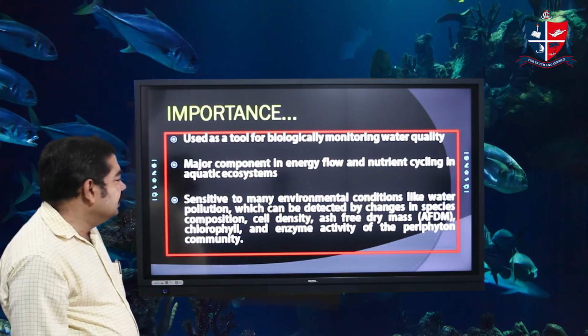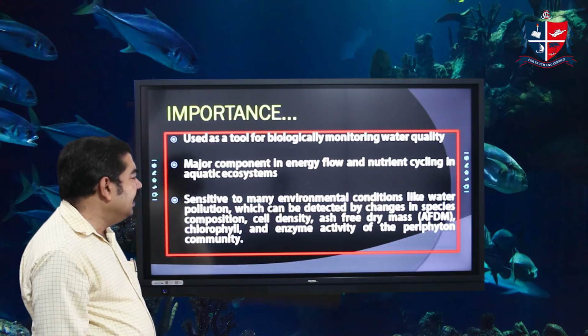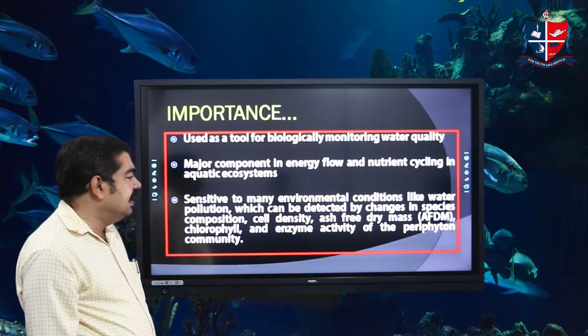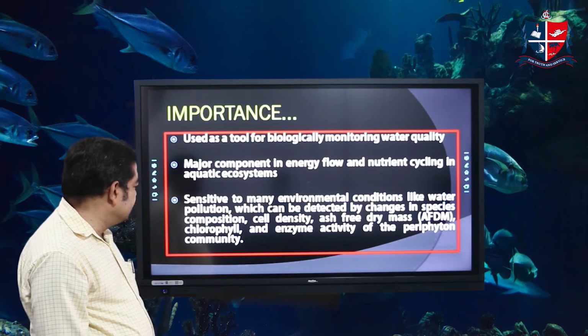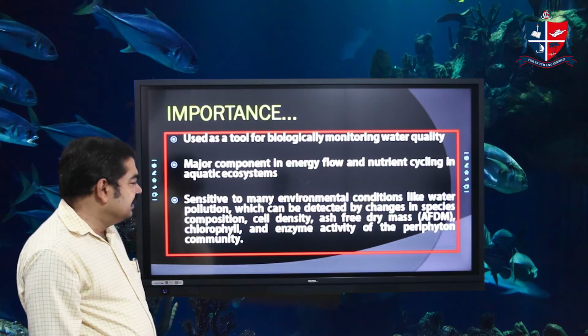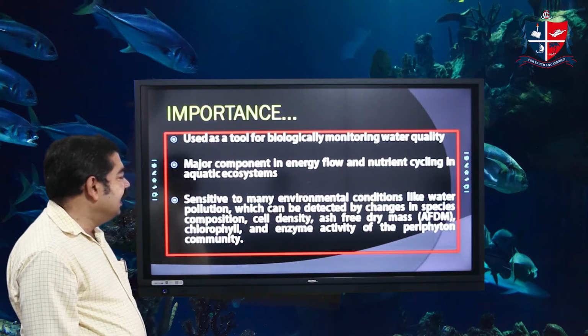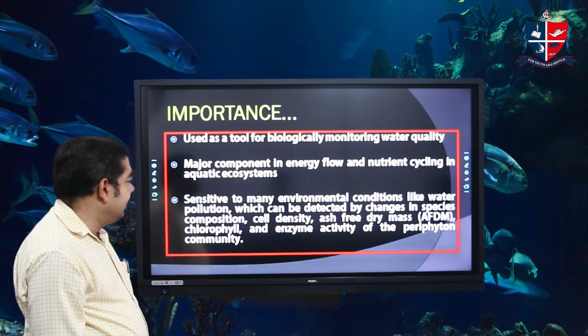Now, the next point, it is sensitive to many environmental conditions like water pollution, which can be detected by changes in species composition, cell density, ash-free dry mass, chlorophyll, and enzyme activity of the periphyton.